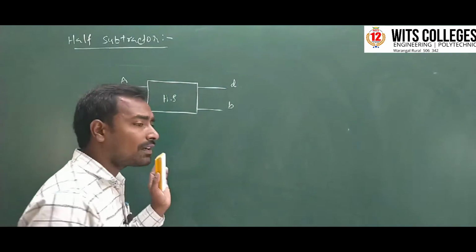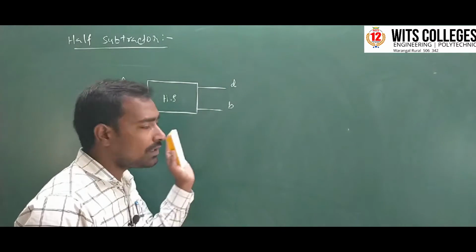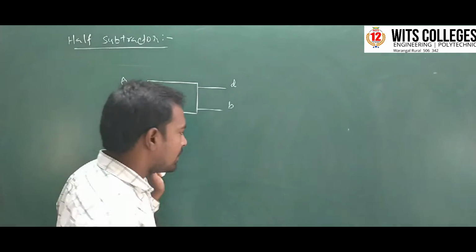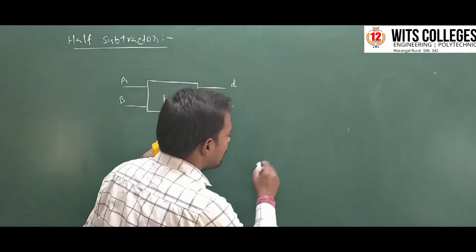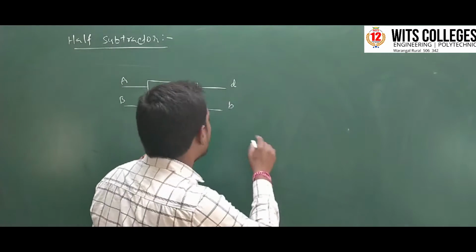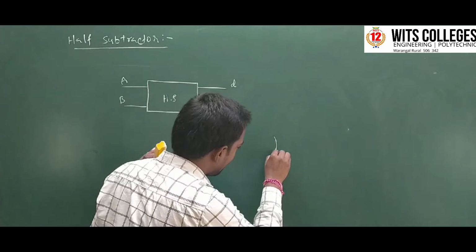So coming to the combinational circuit of the half subtractor, the logic circuit is like this.